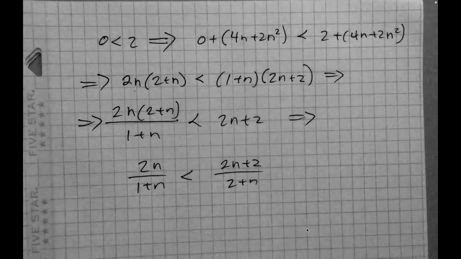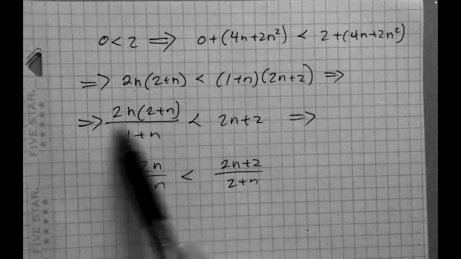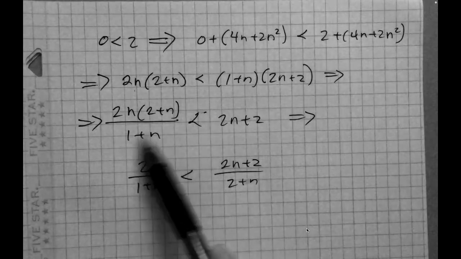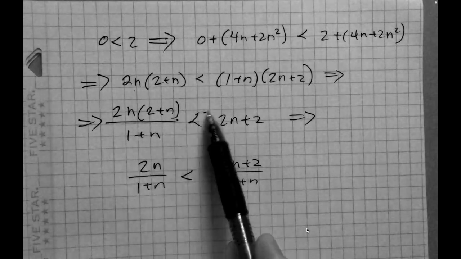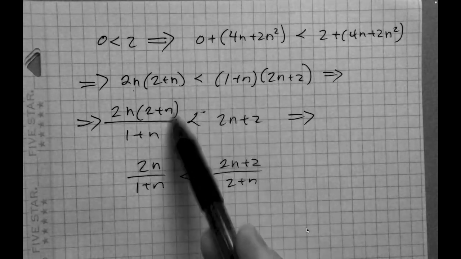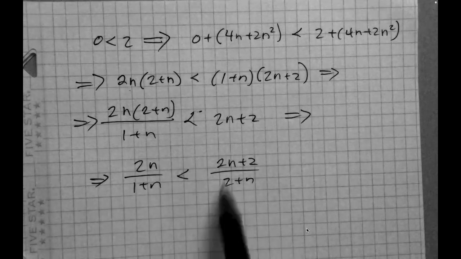These are just basic division rules. Keep in mind that all of these values are positive. Dividing by 1 plus n doesn't change the inequality because it's a positive number. If these were negative numbers, this would not work for you, but dividing by a positive doesn't flip the inequality. So I'm good.